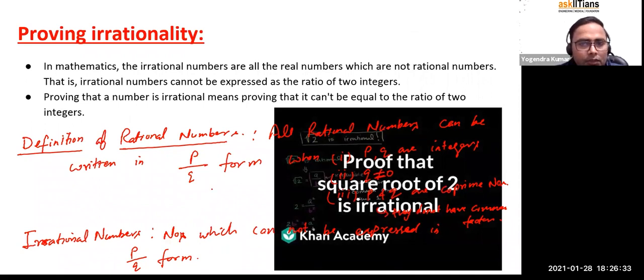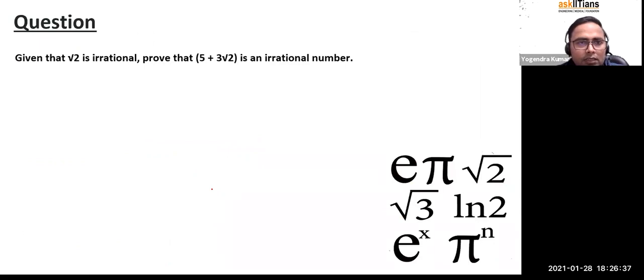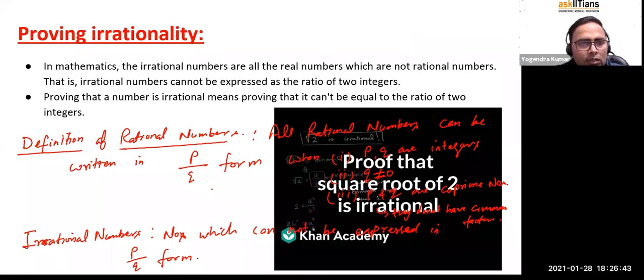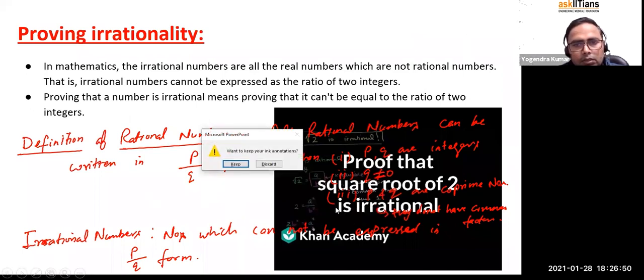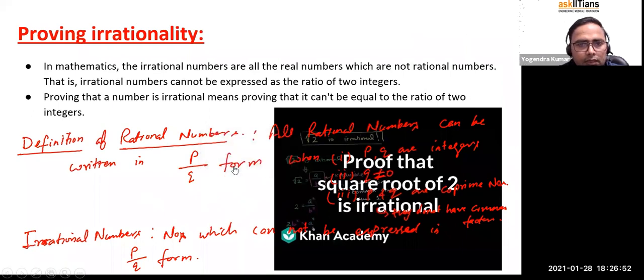So let's do it. Okay, now we need to do the proof of this, right? Let me take this example. Let me take another page to explain it, because I want to explain one question in detail, which is given here also.